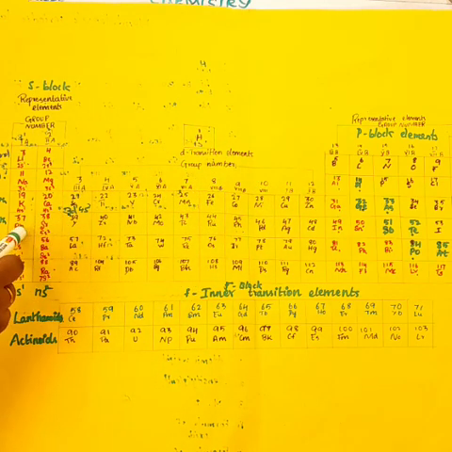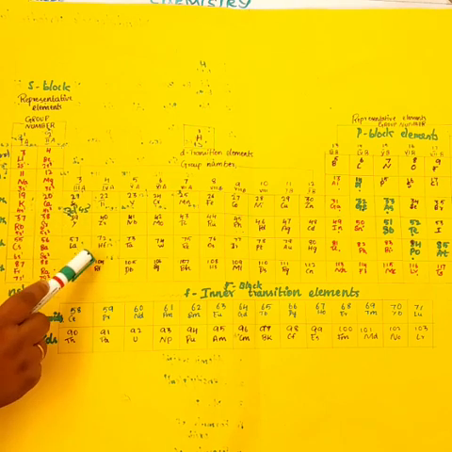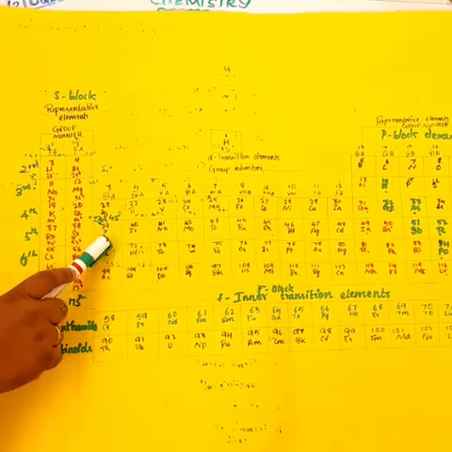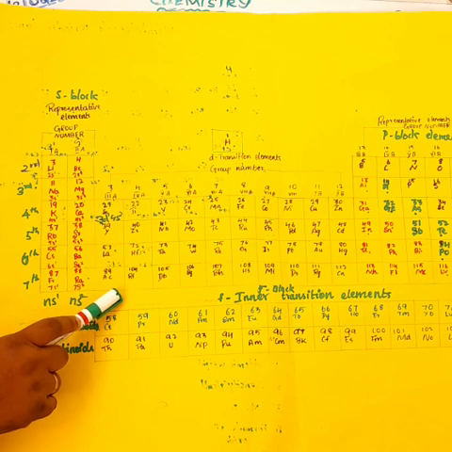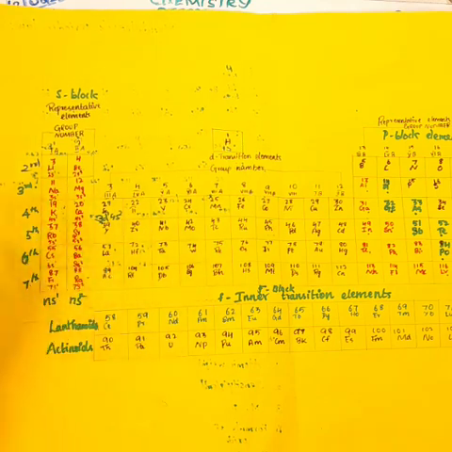Similarly, the 4d, 5d and 6d orbitals are filled in successive periods, and the corresponding series of elements are called the second, third and fourth transition series respectively.